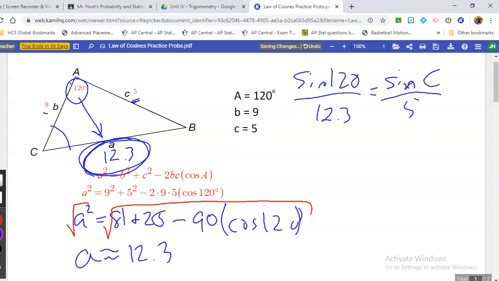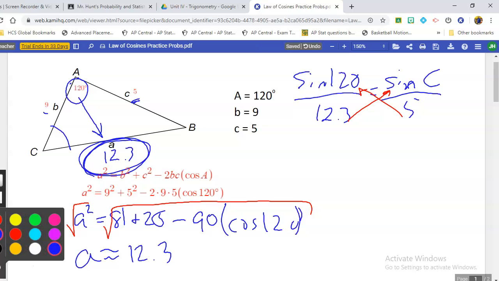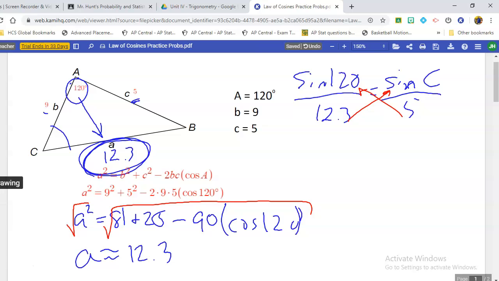And like we did with the law of sines previously, we're going to cross multiply here. And I know my writing's very sloppy, and I'm just trying to deal with it. Hopefully you are too.